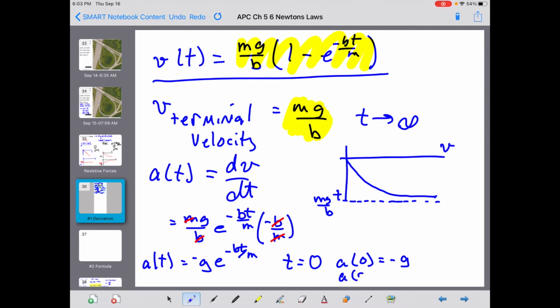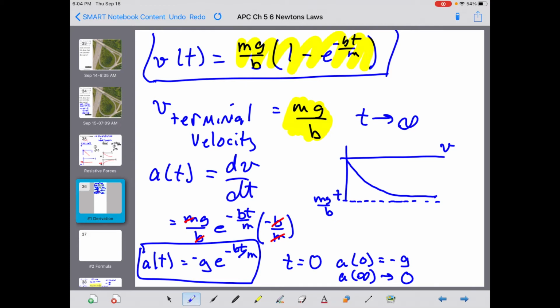For a of infinity, our e to the negative bt over m term approaches 0, so then a approaches 0. So then you have a way to model the acceleration and to model the velocity. We had talked at the beginning of class yesterday about what kind of function that was for these. It's an exponential function approaching an asymptote.